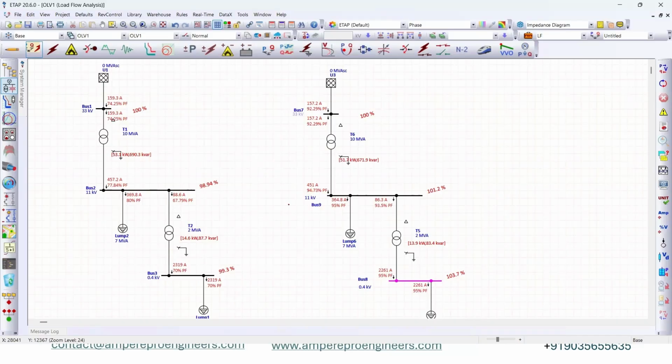That means there is a reduction in the current, which will have a huge impact on the thermal aspect of the cable, because it is going to reduce the thermal impact on the cable. So that is what it is.